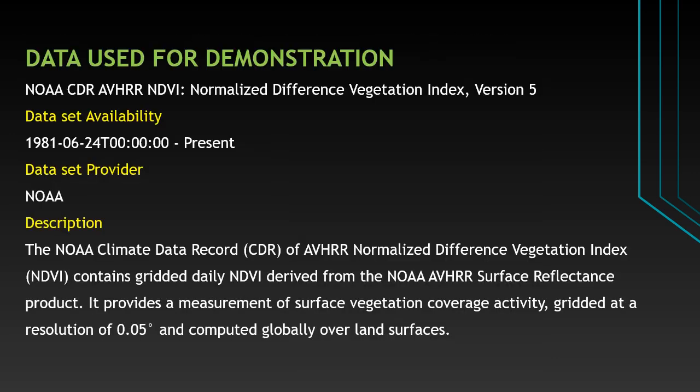For this tutorial, I will use this NOAA CDR AVHRR NDVI data. The temporal coverage is that this data is available from 1981 to the present. The provider is NOAA. In the description, you can see that the spatial resolution is 0.05 degree, approximately 5 kilometer.